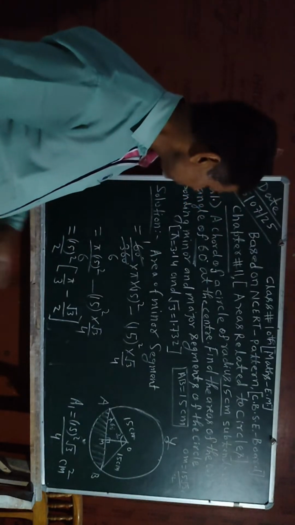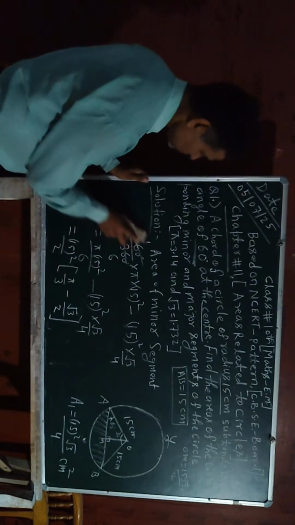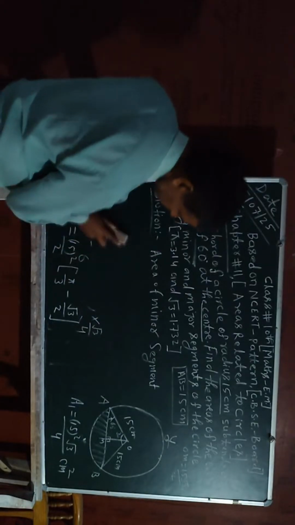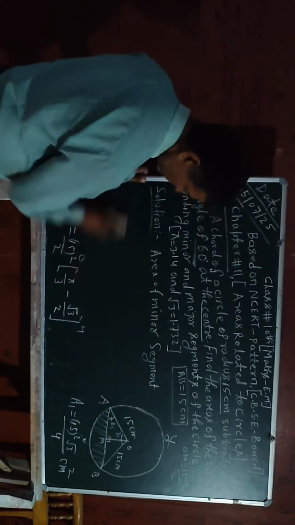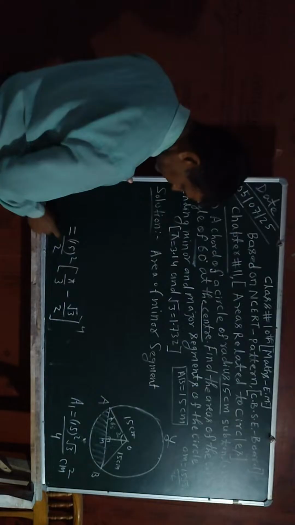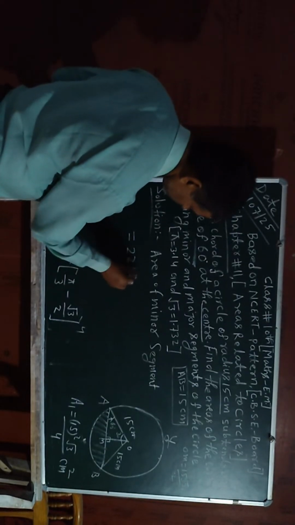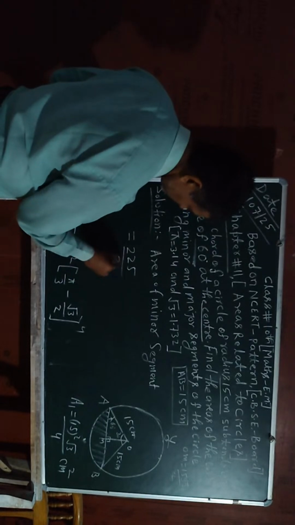Okay student, now further I am going to delete the extra data for further calculation. So here I will say 15 into 15, that will be 225 divided by 2.